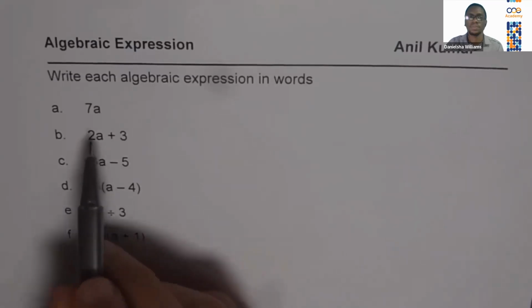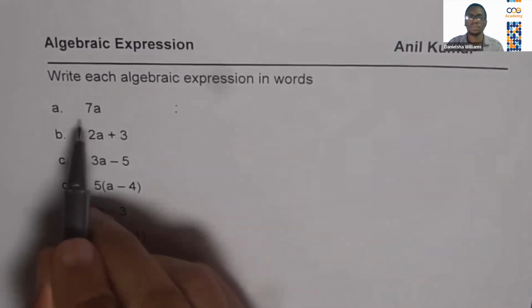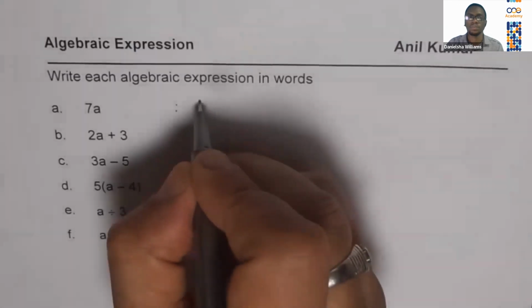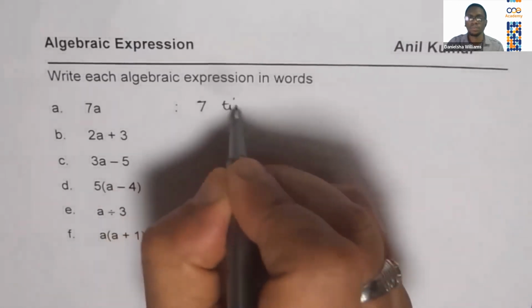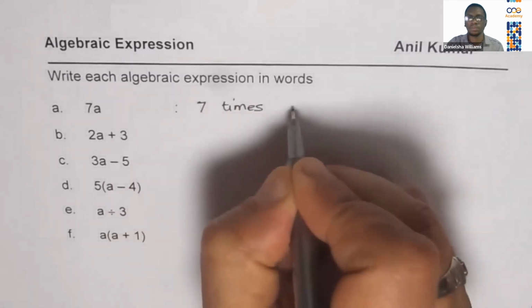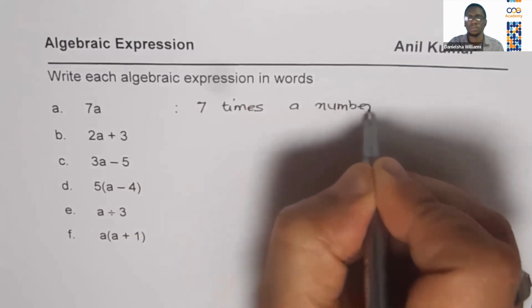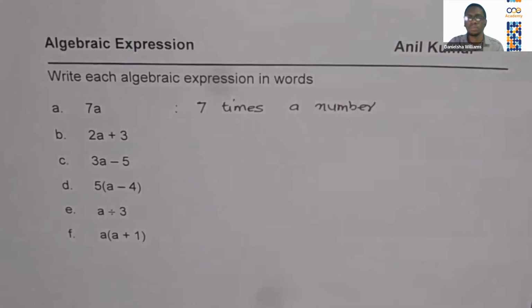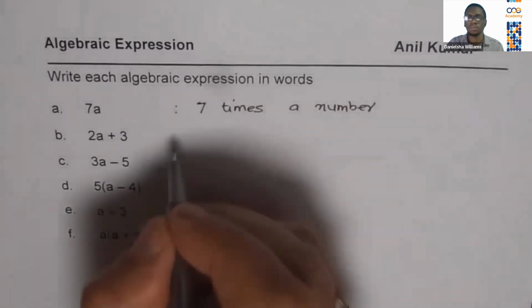So the first one here is 7a. We could write this as 7 times a number, right? So we can say this as, let me write the number 7 as 7 itself, 7 times a number. This is one way of writing this algebraic expression in words. We could also say product of a number with 7, but this is better.